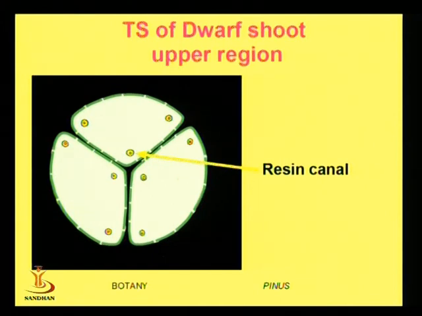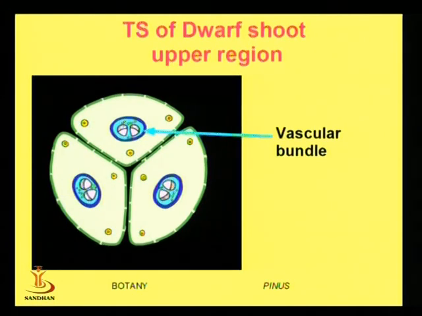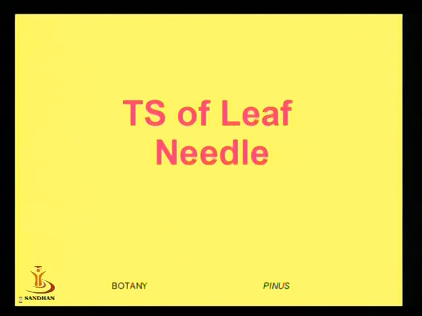Whatever the number of resin canals here, a similar number of resin canals will be there in the leaf also. And the centralmost part is the vascular bundle, and this vascular bundle is a direct supply toward the leaf, which is acicular in shape, the leaf needle or Pinus needle, as we commonly know it.